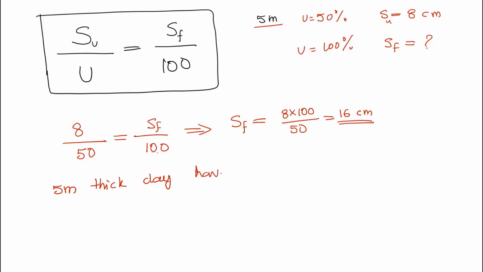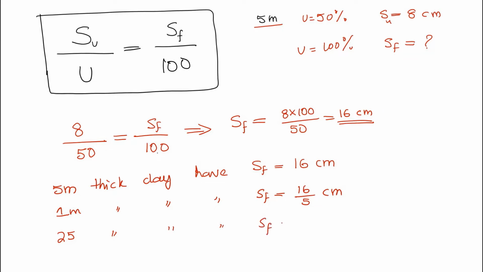So when the 5 meter thick clay layer has final settlement SF as 16 centimeter, then what will be a 1 meter thick clay layer? Similar loading condition, similar clay. The final settlement will be 16 by 5 centimeter. So what will it be for similar clay of 25 meter thickness?